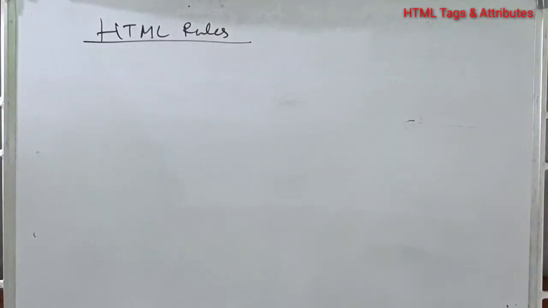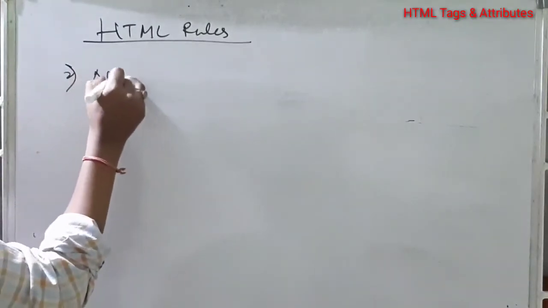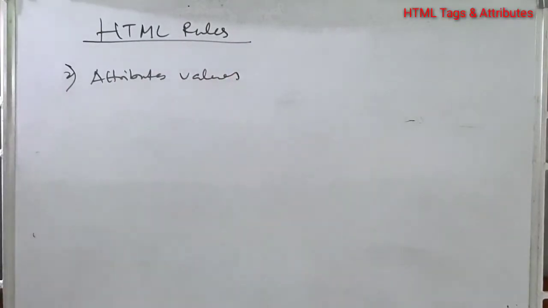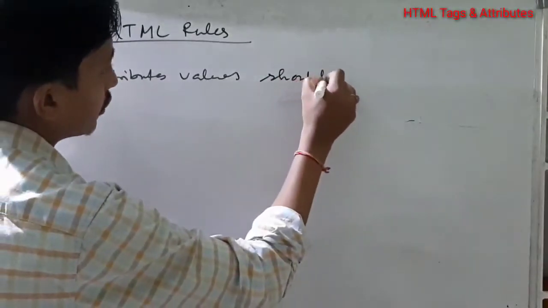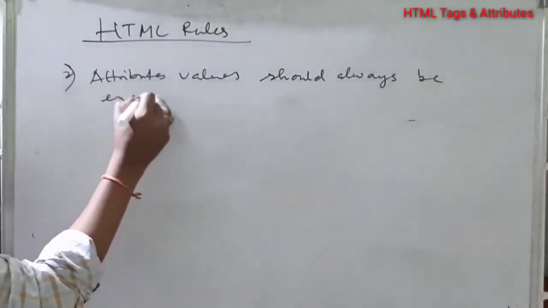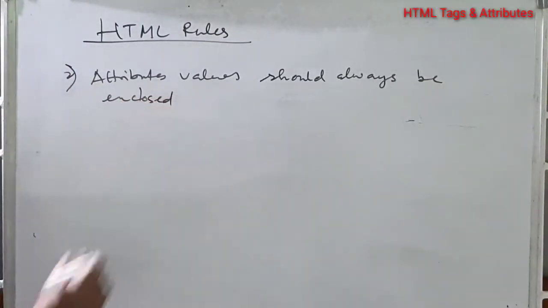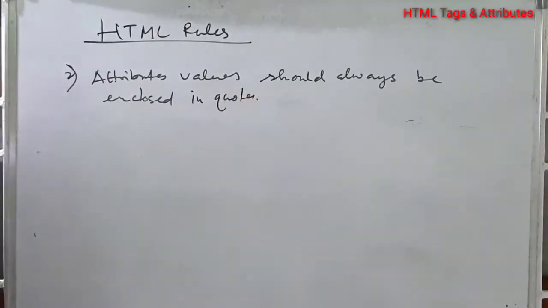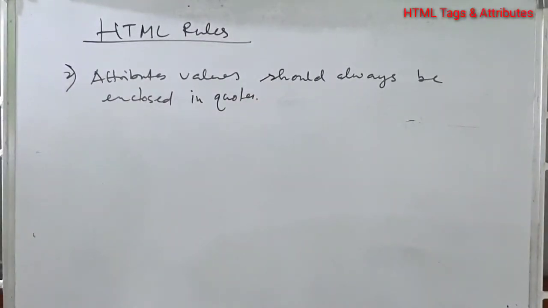Second rule is attribute values should always be enclosed in quotes. Double quotes are most common, but single quotes are also allowed.